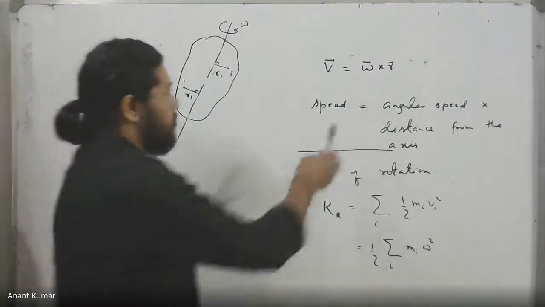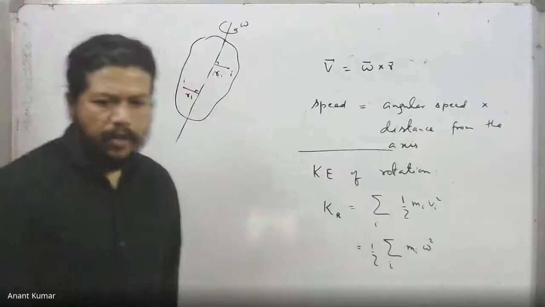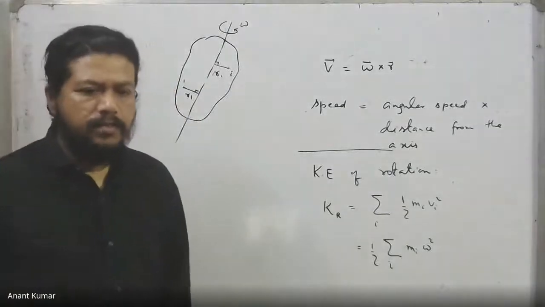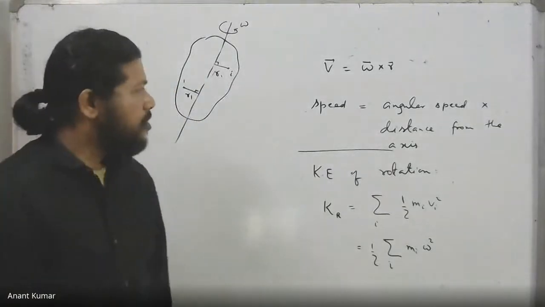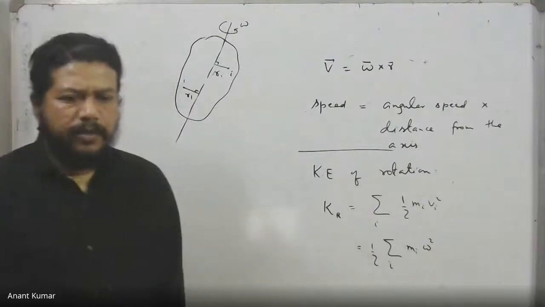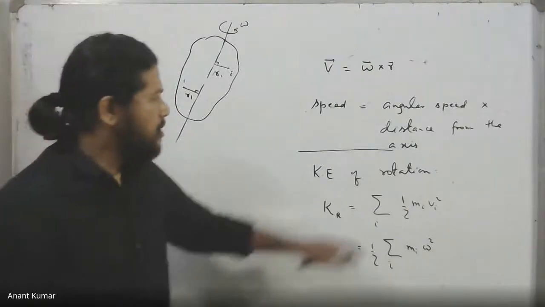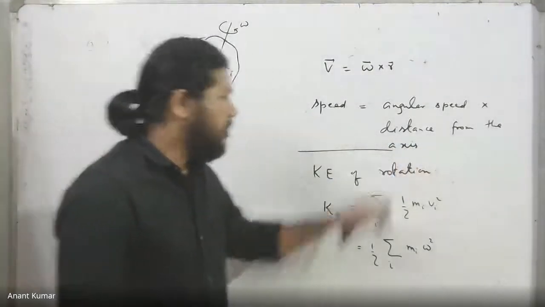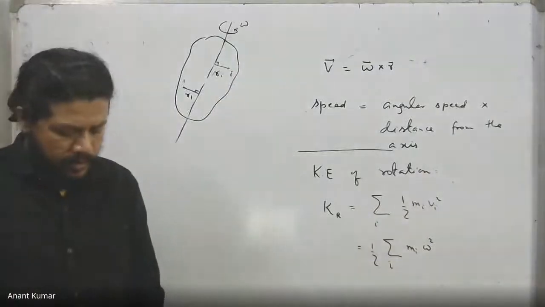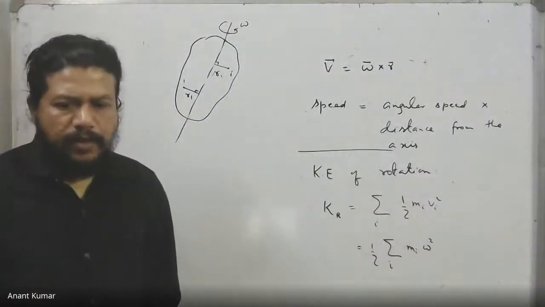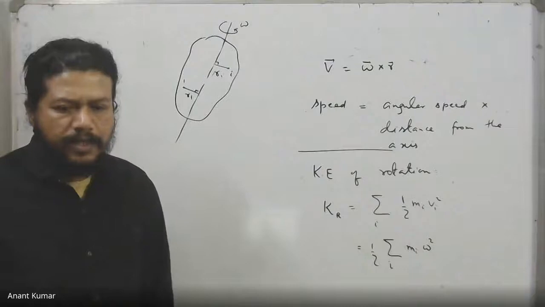The r vector was representing the vector with respect to the origin, which was on the axis, but this cross product boils down to angular speed multiplied with the distance from the axis. So the distance, this one, I'm denoting by ri. Just a slight change in notation.